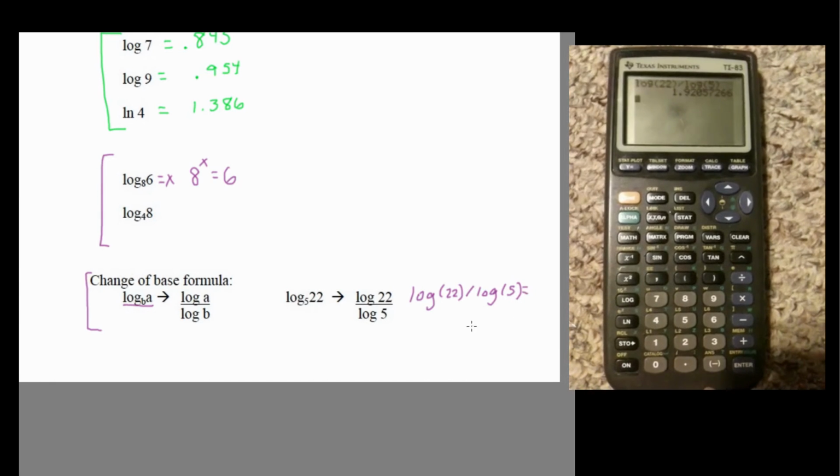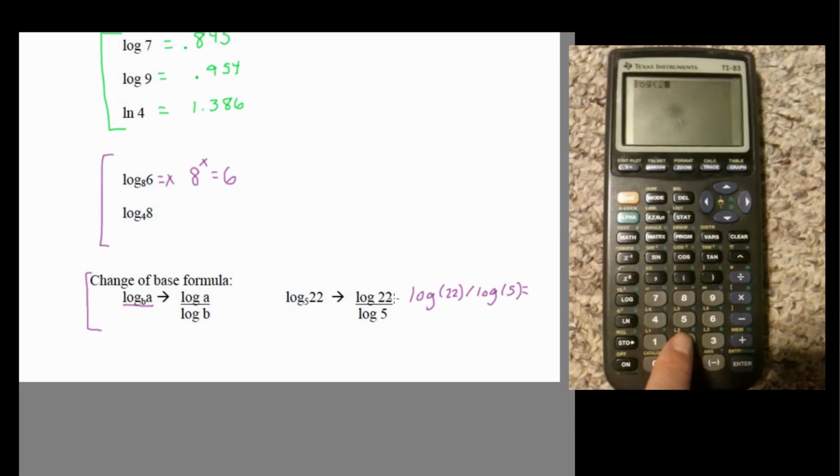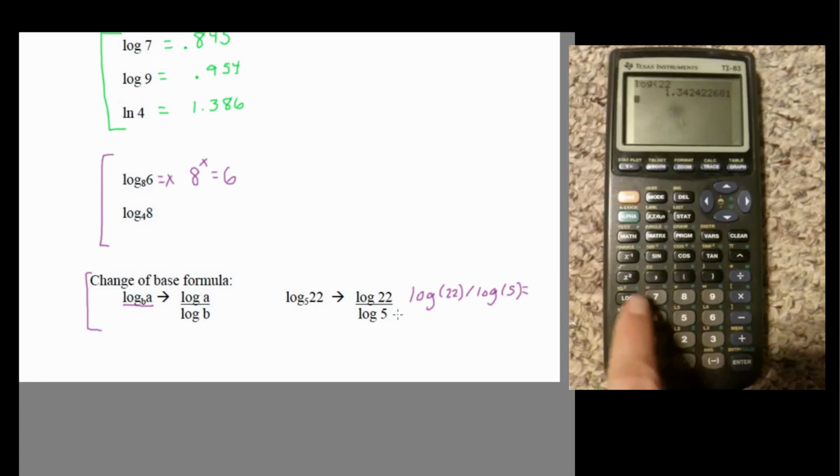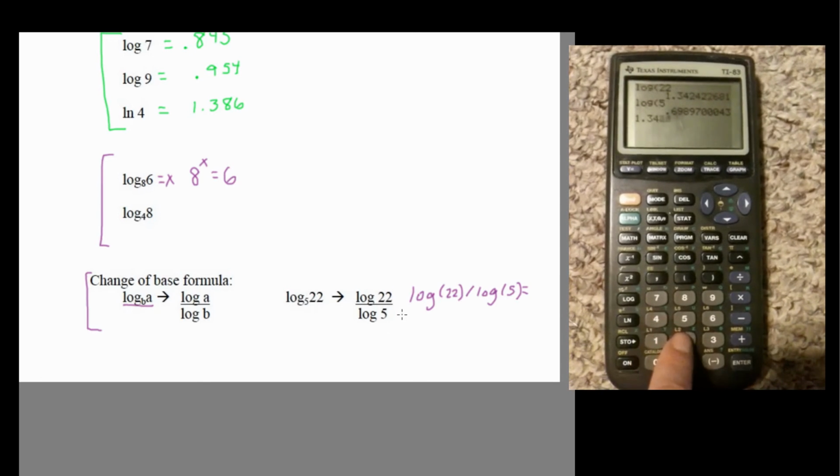Make sure you close your parentheses and hit enter. Otherwise, depending on your calculator, you could do log 22, hit enter and get a decimal, and then log 5, hit enter and get a decimal, and then divide those two decimals. So there's two ways to evaluate that on your calculator.